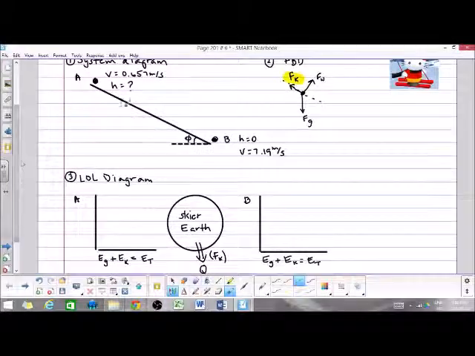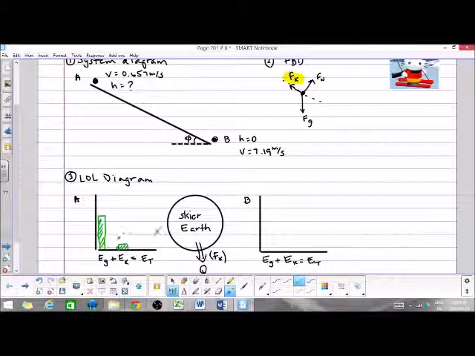In our initial position at the top of the slope, we have a lot of gravitational potential energy. We have a little bit of kinetic energy. It's going slowly compared to where it is at the bottom. And so the total energy will be the sum of those two.